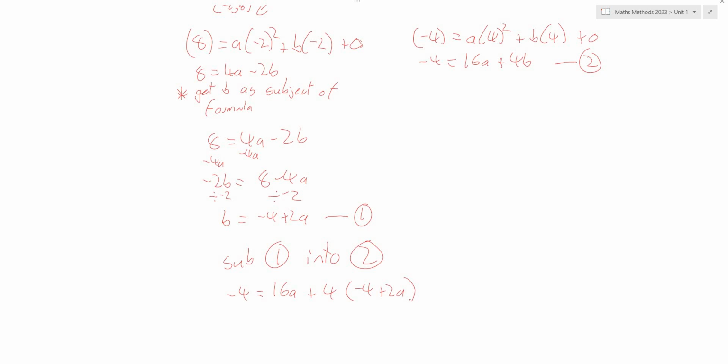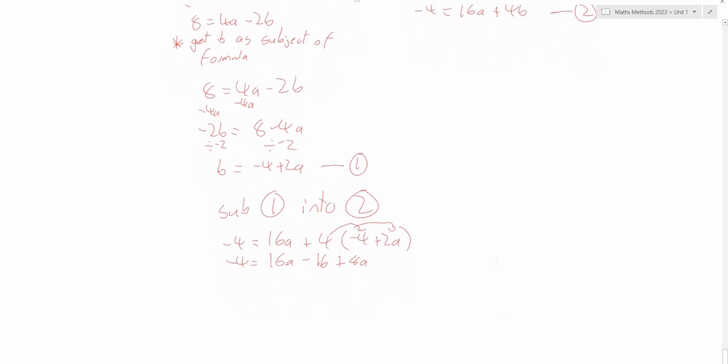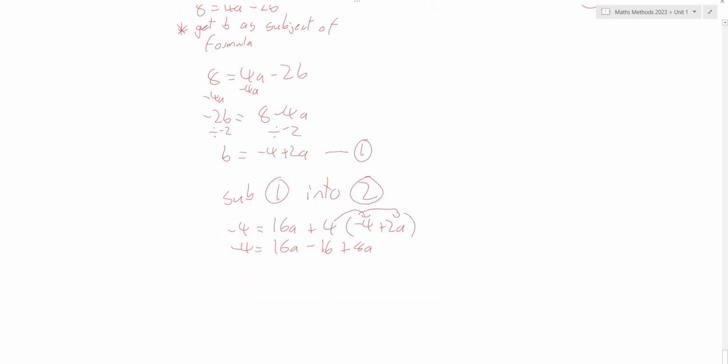So let's expand out our brackets, guys. We got -4 equals 16a. 4 times -4 is -16. 4 times 2a is plus 8a. What would I do from here? Get a on its own.